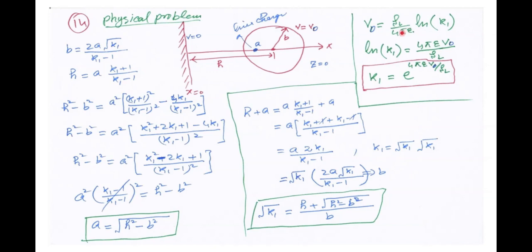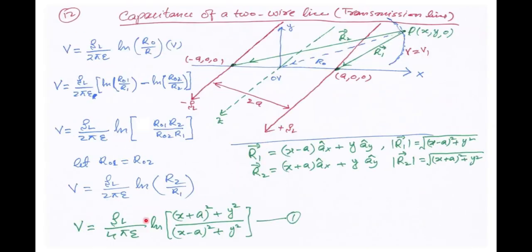From the last expression, from the potential due to two line charges at point p, in this expression we have replaced this whole argument by k1. Now we have defined a and b in terms of a and k1, the dimensionless parameter, in terms of h and b.